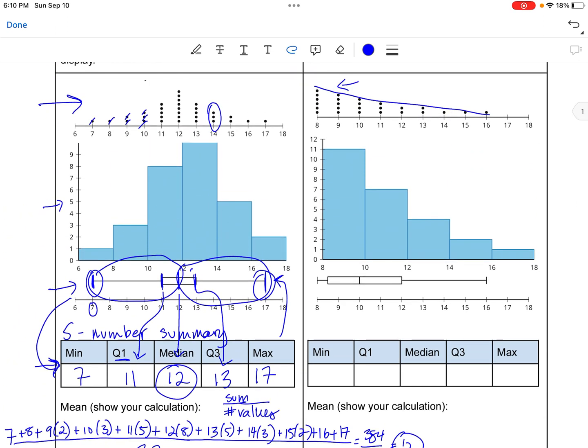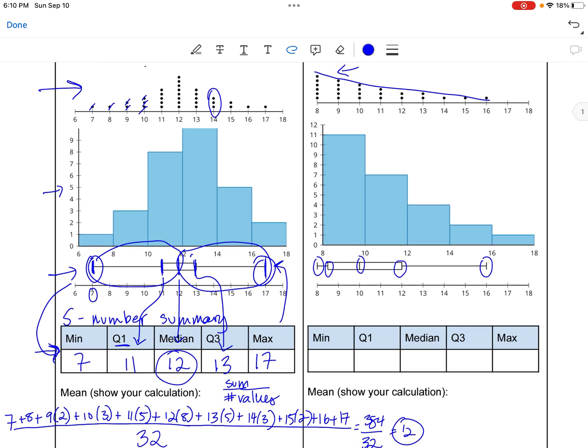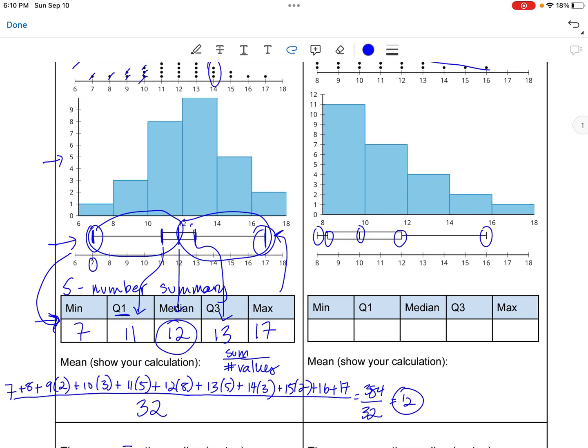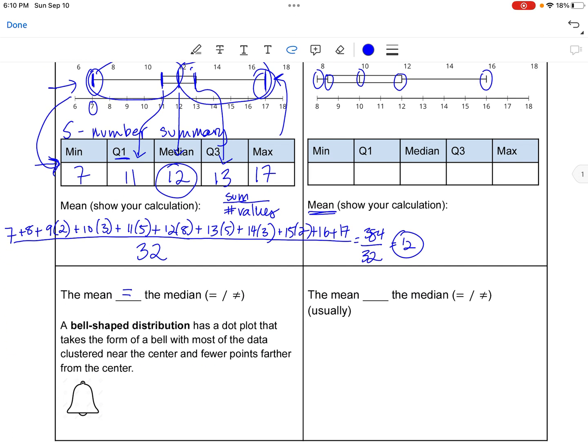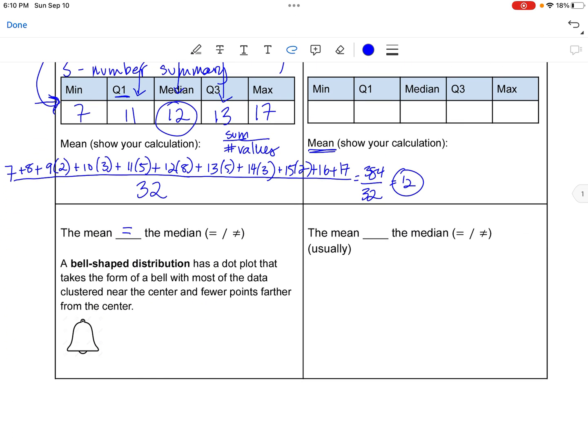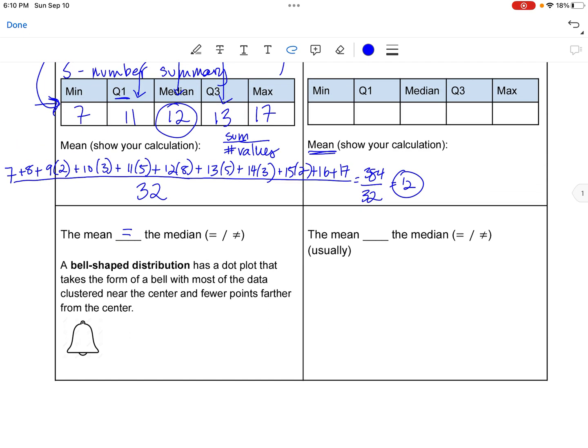Okay, so for this next one, you will do this one yourself. You're going to have to identify the minimum, maximum, and then Q1, Q3, median, and then find the mean. And you'll do that for each one of these. Once you find the mean for this one, you will see that the mean and the median are not equal in this case.